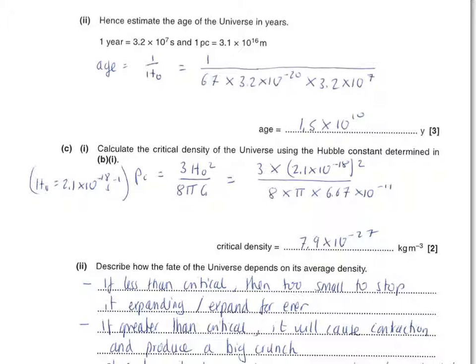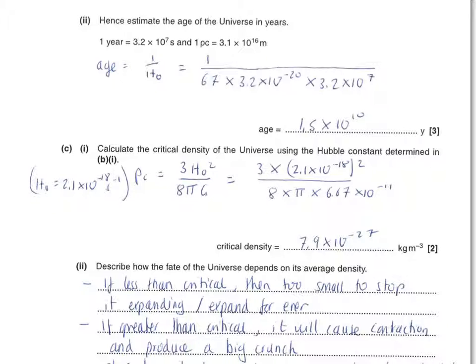This was found by the calculation here as above. We substitute that into the equation, 3 times the Hubble constant squared divided by 8 pi times the universal gravitational constant. That leads us to an answer of 7.9 times 10 to the minus 27 kilograms per metre cubed.